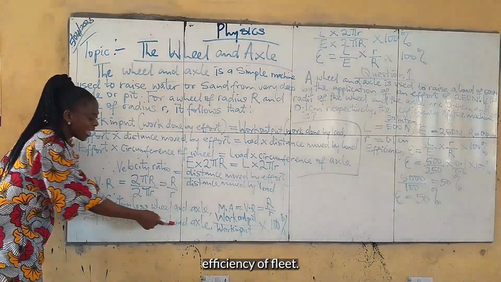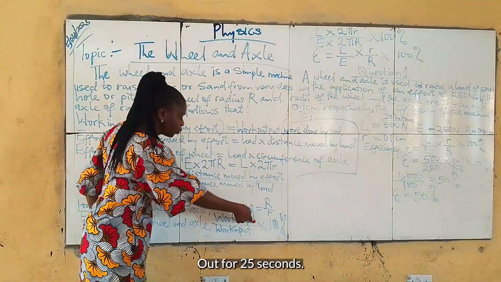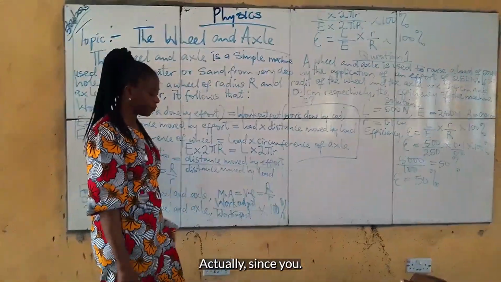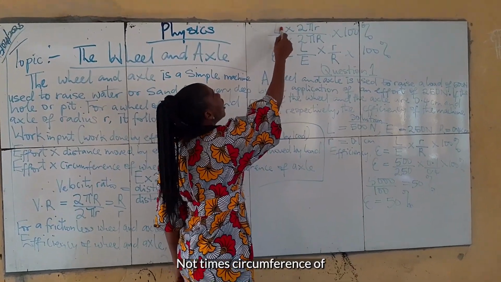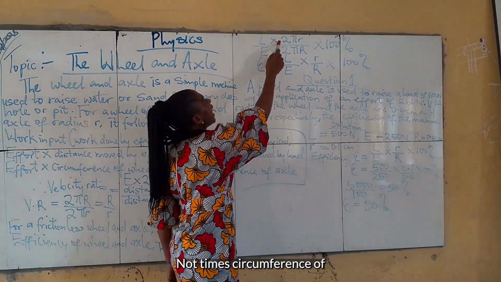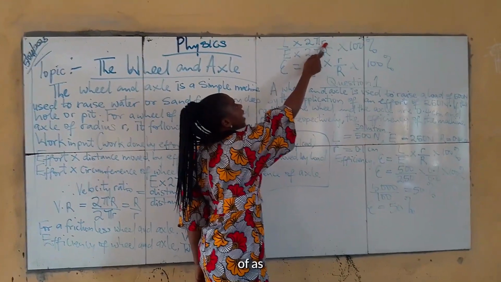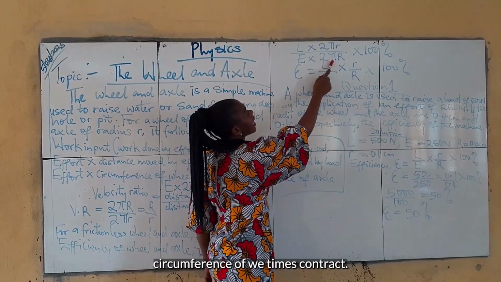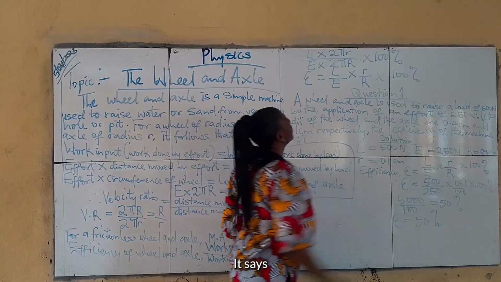Efficiency of wheel and axle is equal to work output over work input times 100%. That is, load times circumference of axle over effort times circumference of wheel times 100%.